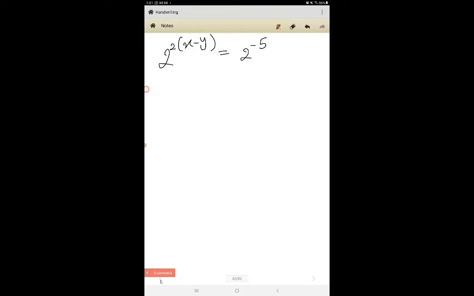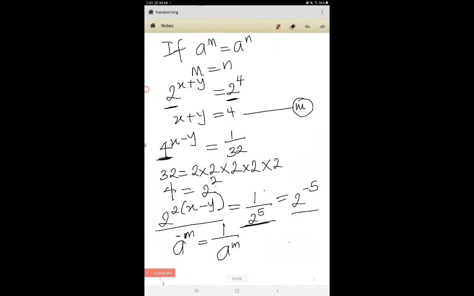As I explained before, if a raised to power m is equal to a raised to power n, it means that m is equal to n. So 2 raised to power x plus y is equal to 2 raised to power 4, meaning that they have the same base. So m is equal to n, just because they have the same base.